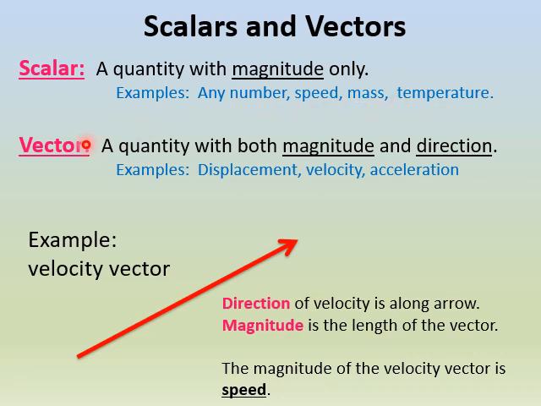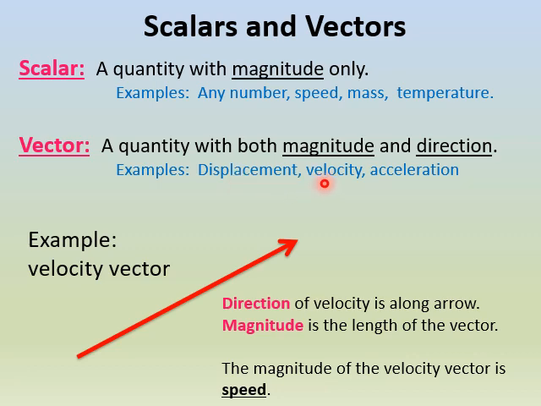Now, what we're going to deal with in this section of this chapter are called vectors. And a vector is a quantity that has both magnitude and direction. So an example of a vector that we've already seen, we've talked about the displacement vector. The displacement had a magnitude, meaning how far something moved, but it also had a direction. Did it go in the positive direction or the negative direction? We also talked about velocity.